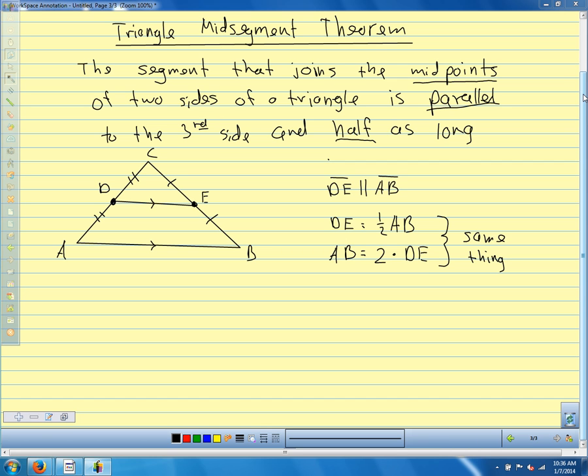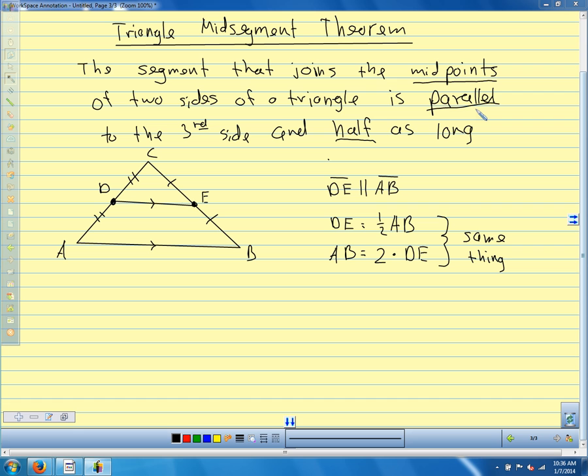We usually prove the midsegment theorem using coordinates. So we plot our points on a graph, and we use the midpoint formula, the slope formula, the distance formula to figure all of this stuff out. So I want to remind you of a couple of things. We're not going to go through the proof, but I want us to think about, how are the slopes of parallel lines related?